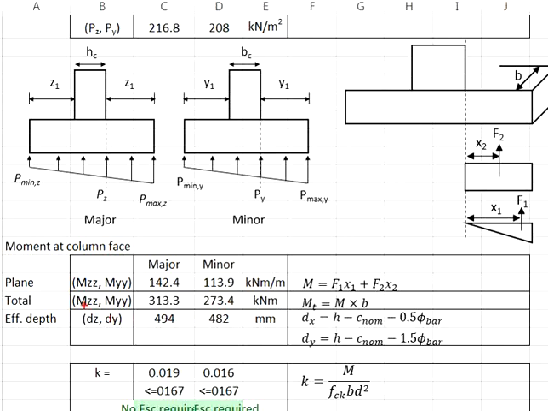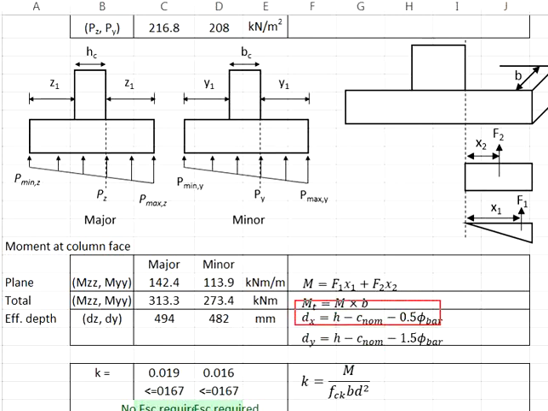There will be 2 effective depths D, for the major and the minor axis. The major axis will be more critical. Therefore, in order to maximize the contribution of the reinforcement bar in moment resistance, we will lay the main reinforcement bar closer to the soffit of the pad footing.